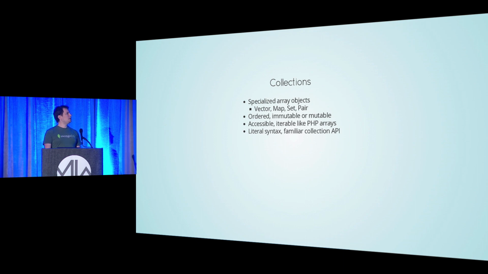Another nice thing, and this is where existing solutions in PHP have failed, because there have been PHP libraries that try to make collection classes, but the problem is they're not really integrated into the language. You'd like a literal syntax. I don't want to have to import and construct a vector class. So a literal syntax, so I can just create a vector of elements without creating a new object and calling methods on it.